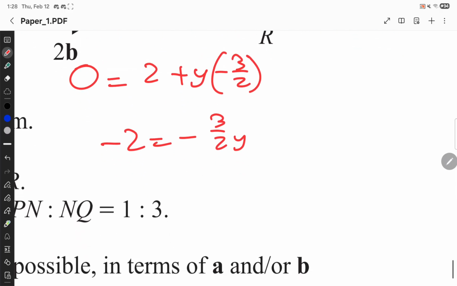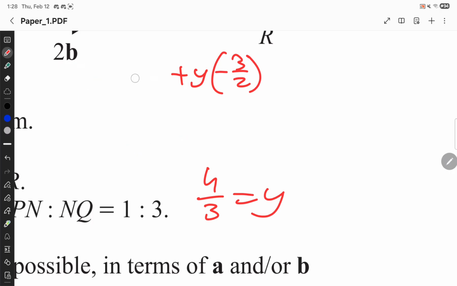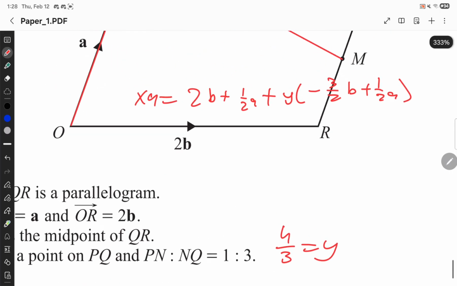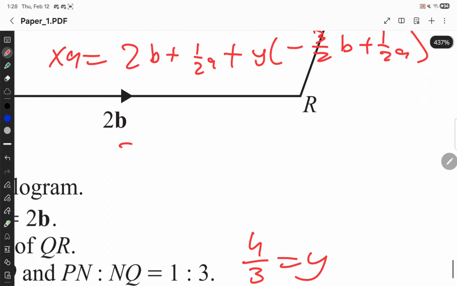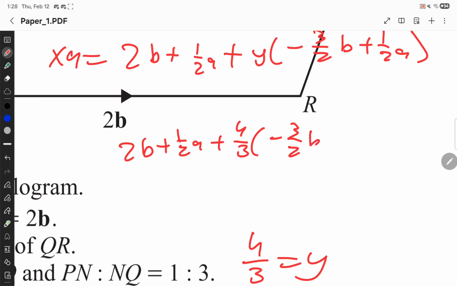We multiply 3 over 2 on both sides, 2 times 2 over 3, this is 4 over 3 is equal to y, and done. So we do 4 over 3 y, so this is 2b plus a half a plus 4 over 3 negative 3 over 2b plus a half a.